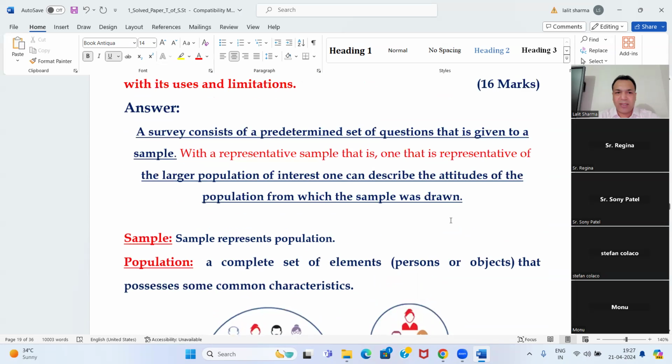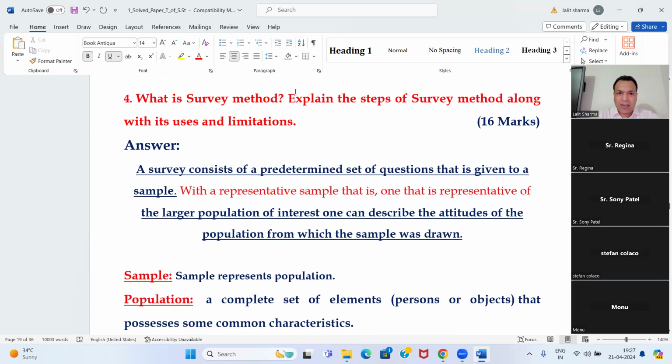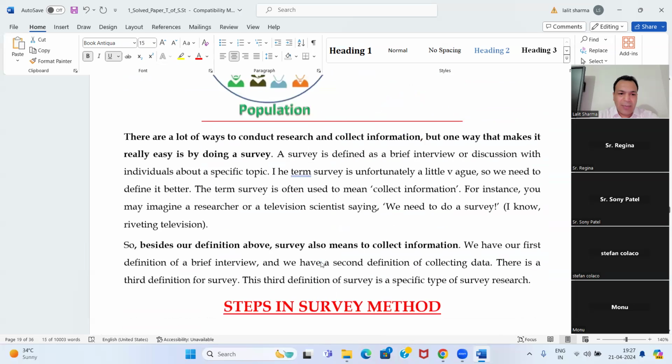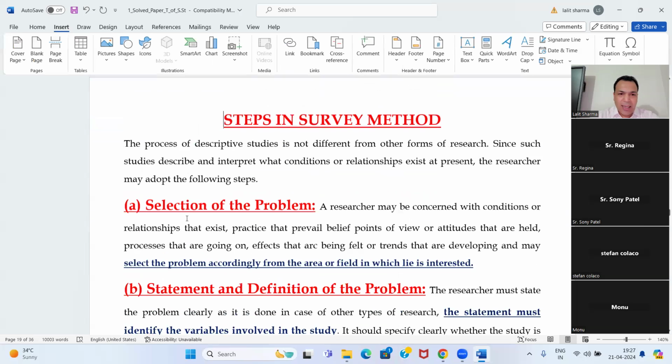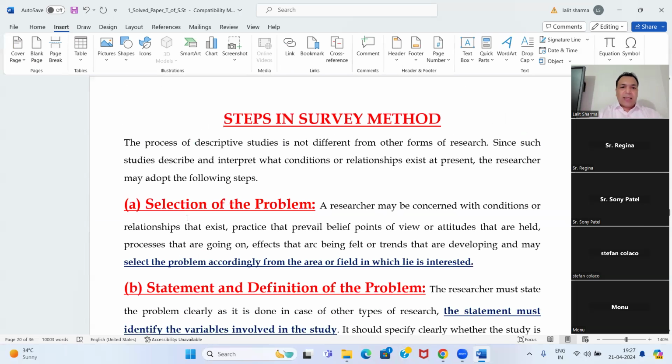Okay, now back to our survey method. What is a survey method? Explain the steps of a survey method along with its uses and limitations. So survey method क्या चीज होता है? A survey consists of a predetermined set of questions that is given to the sample. Right? ये देखो steps, इसके steps बड़े important है. अब survey method में क्या होता है कि first of all, you have to find out the selection of the problem.